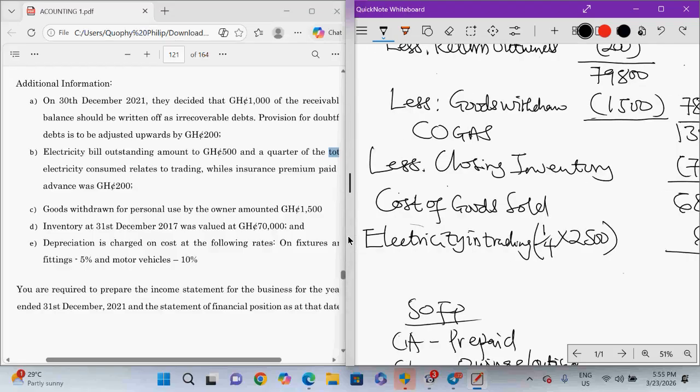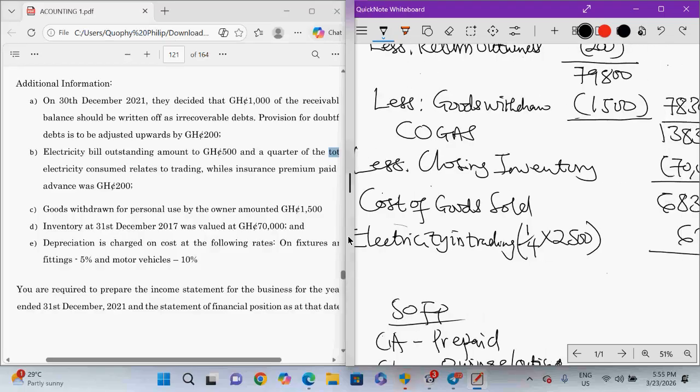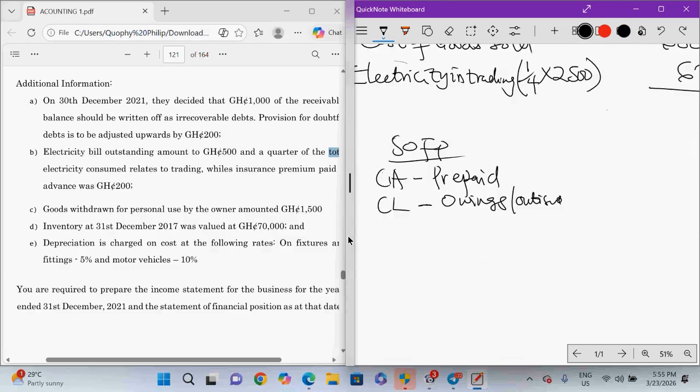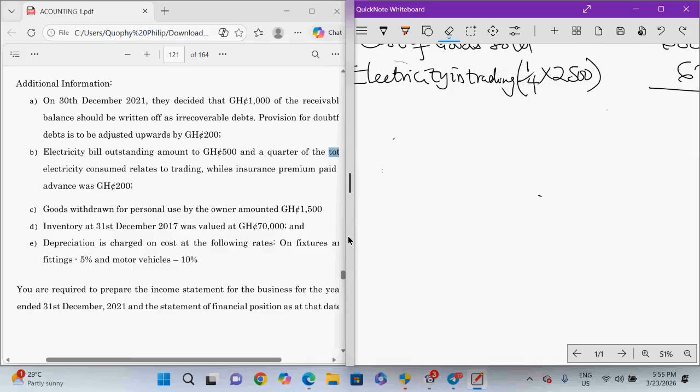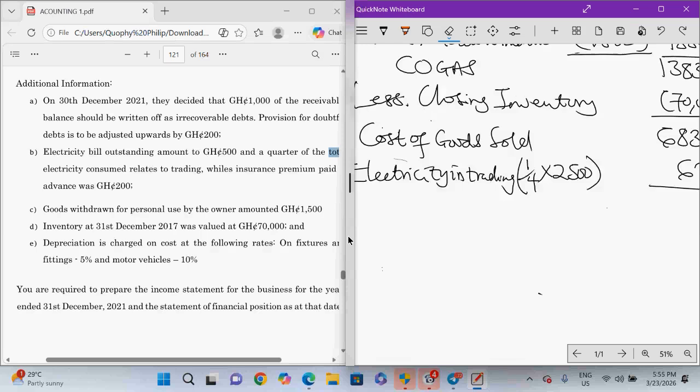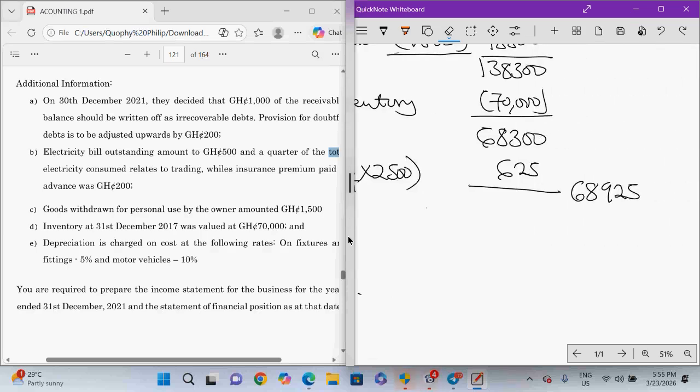No, that will be the cost of sales. That will be the cost of sales, right? Where is it? Let me bring it down some more.